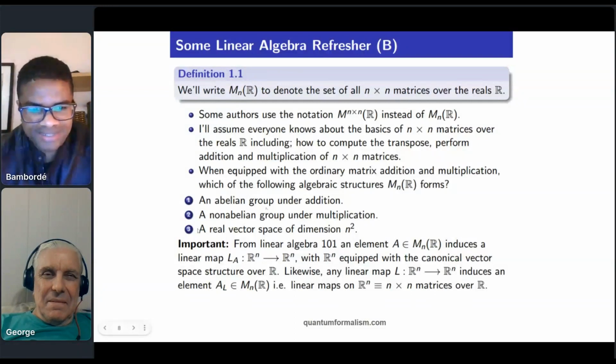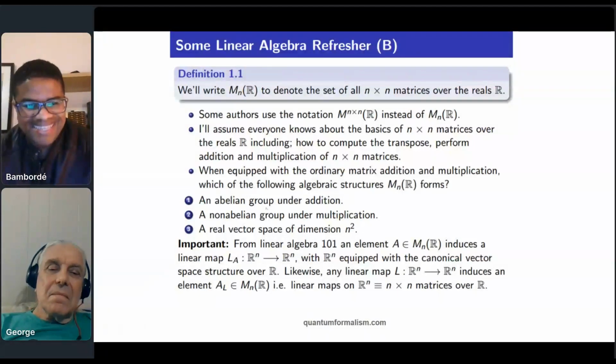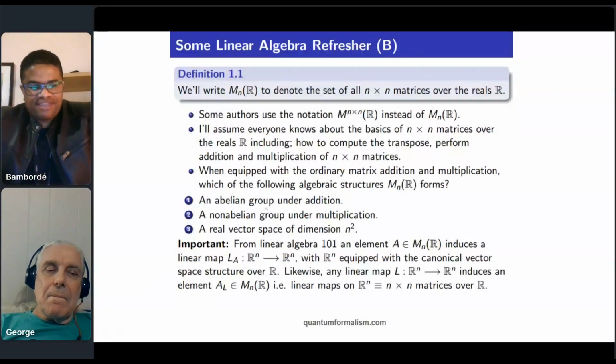Now this one here. What about a real vector space of dimension n squared, sorry? It is a vector space, right?